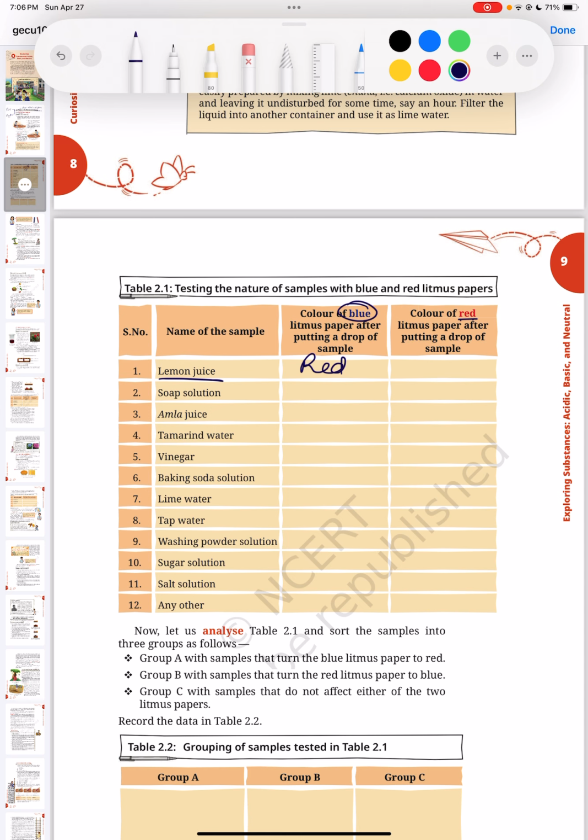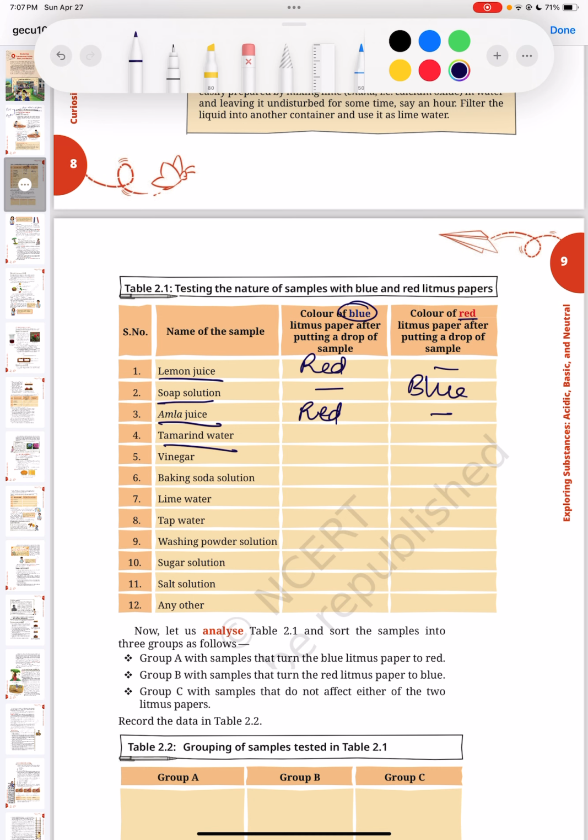Similarly, if you take the soap solution, it will turn the red litmus paper blue, but nothing will happen to the blue litmus paper. Why? Because it contains bases. It is a basic solution, right? Similarly, amla juice is also acidic, so the same thing will happen as with lemon juice, while there will be no change over here.